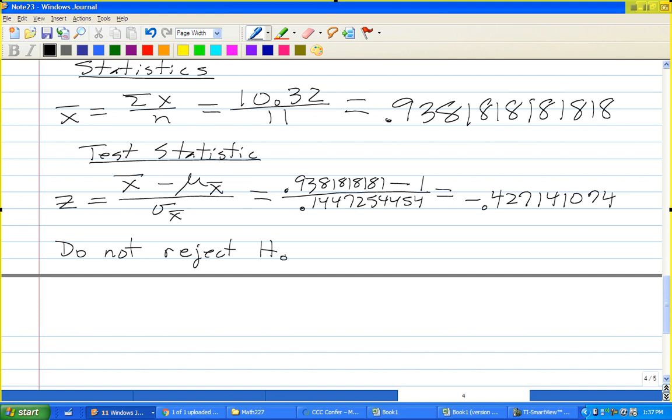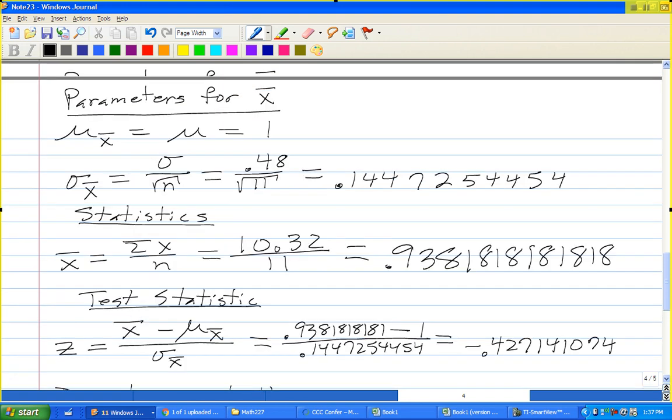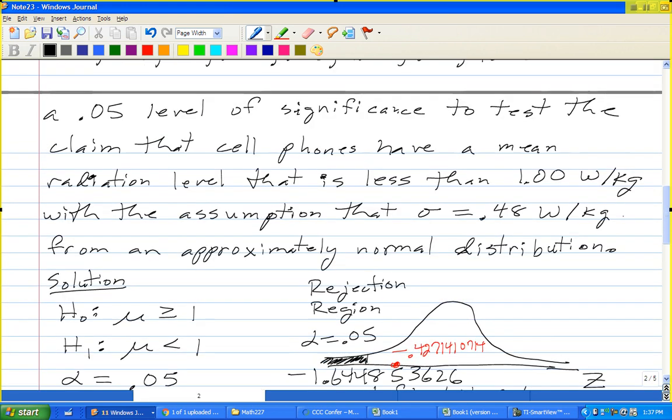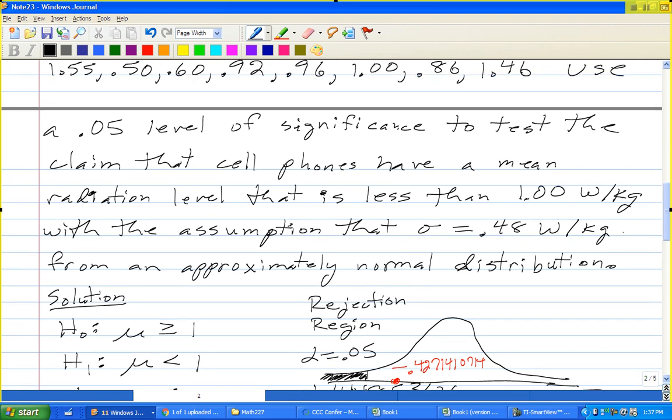Now, we had this hypothesis test where it was a whole bunch of words. So now we have to actually write the conclusion in words. Just saying do not reject H sub 0 tells us nothing unless you actually know what the hypothesis test is.